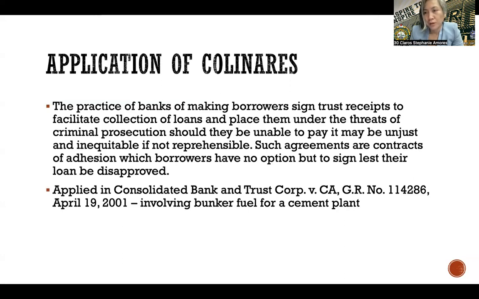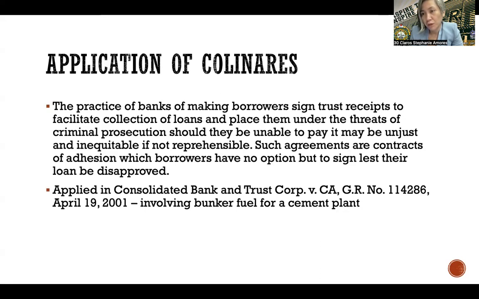So the Colinares doctrine has been applied in the case of Consolidated Bank and Trust Corporation versus Court of Appeals, decided in 2001, and this involved bunker fuels used for a cement plant. So the same principle was applied. Bunker fuel was made the subject of a trust receipt. But bunker fuel, another kind of fungible good, is used to fuel equipment.